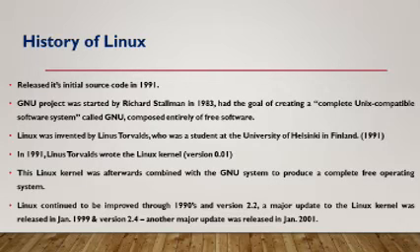By September he had a basic design that he called version 0.01, and on October 5th 1991 Torvalds sent a posting to the Minix newsgroup announcing the release of version 0.02, a basic version that still needed Minix to operate, but which attracted considerable interest nevertheless.